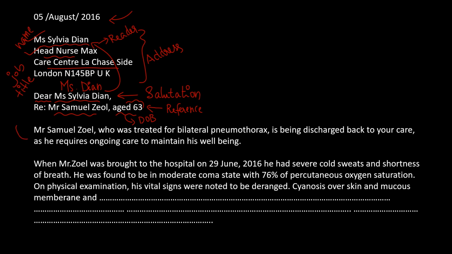Now this is the purpose paragraph, the first paragraph of your letter. And following that, you have the remaining body paragraphs. Like I said initially, I do not have the entire sample of a letter. This is just a part of it.